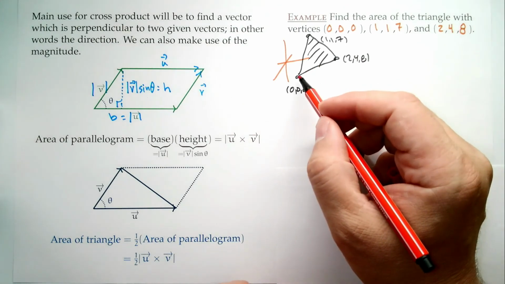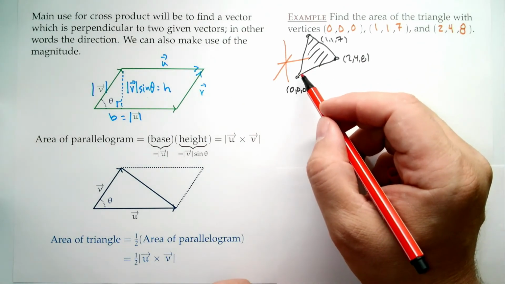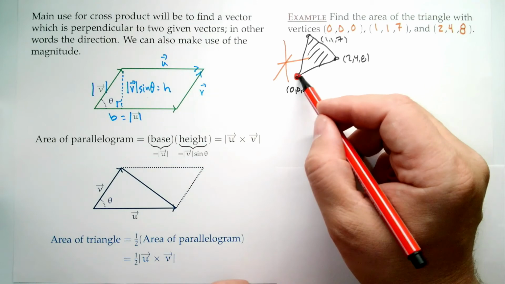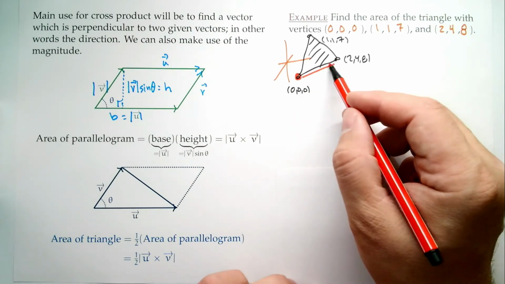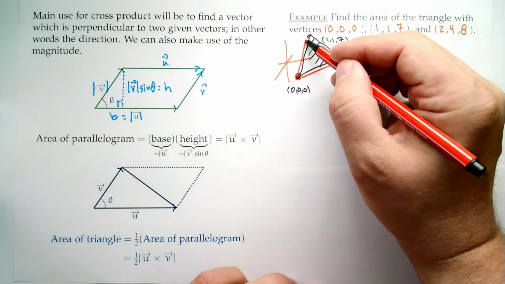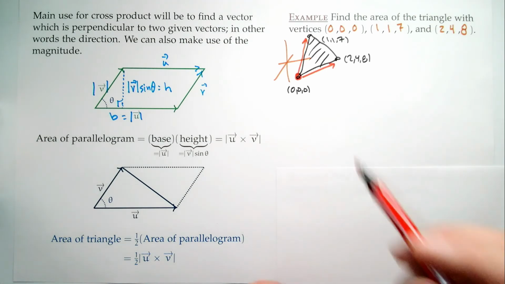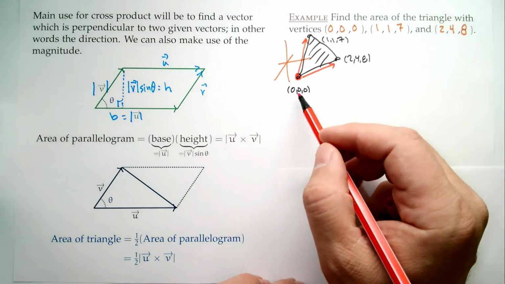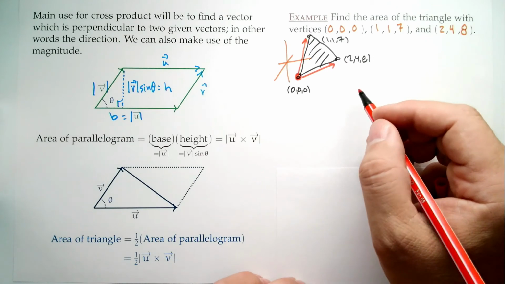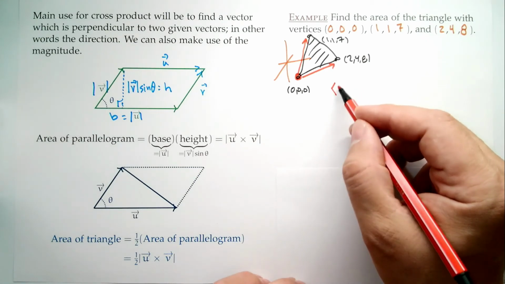Because I have 0, 0, 0, it's a very nice one to work with. Let's anchor ourselves here, and now let's make the vectors on these 2 sides. Because those are pretty easy vectors to find. When in doubt, pick the easy way out. So the vector from 0, 0, 0 to 2, 4, 8, what is that vector? It's 2, 4, 8.